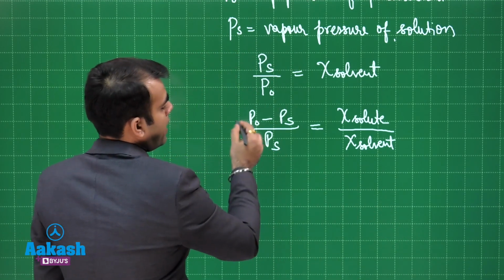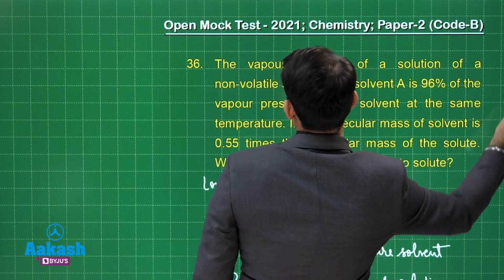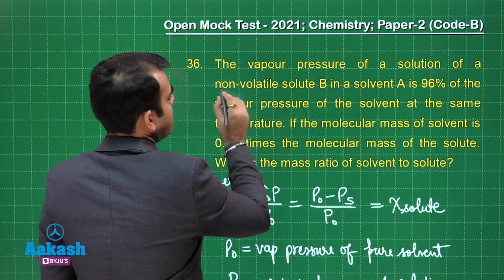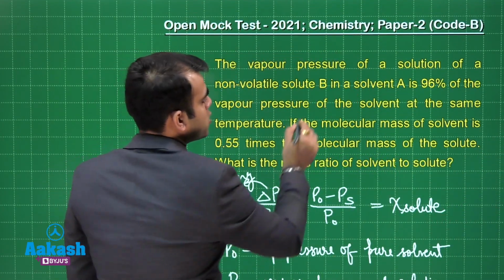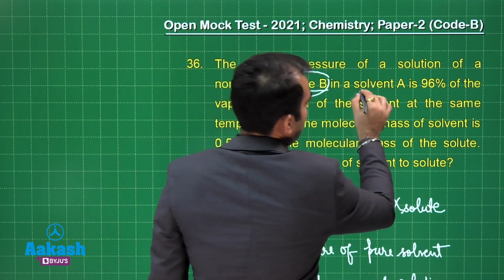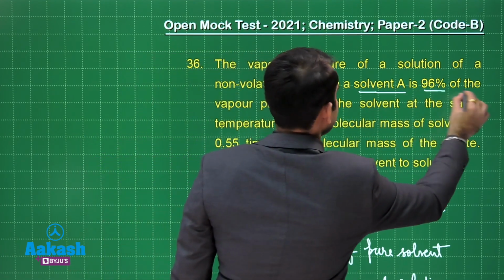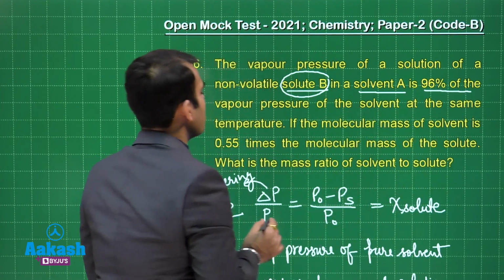Now here in the question it has been given to us that when we add non-volatile solute B, where the solute is B and the solvent is A, the vapor pressure of the solution is 96% of the vapor pressure of the solvent at the same temperature.